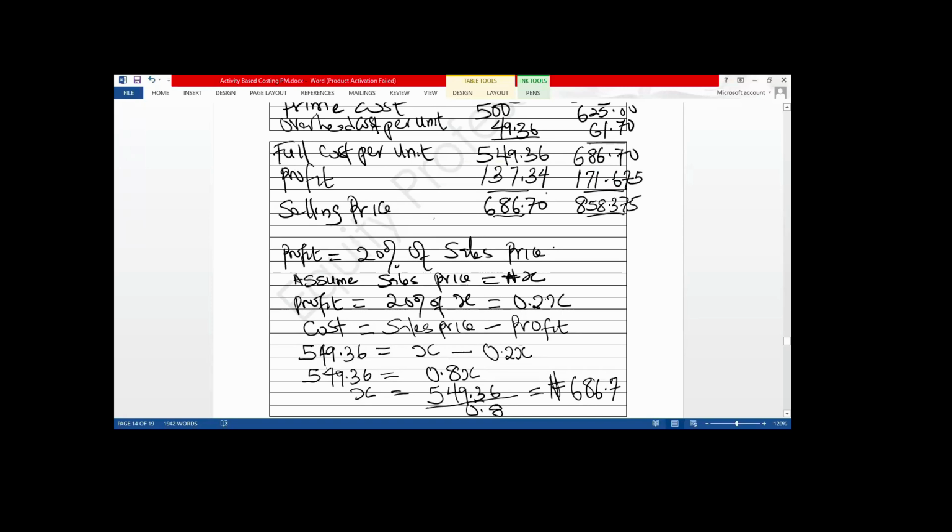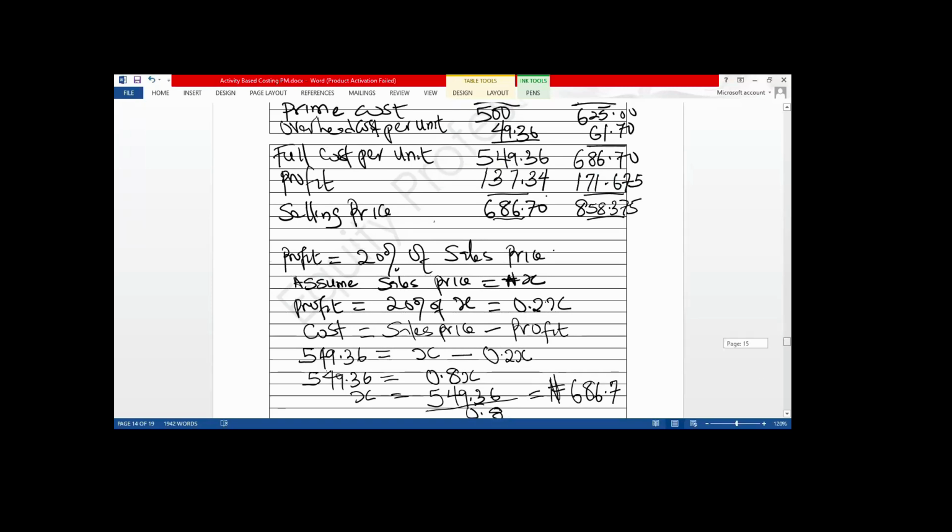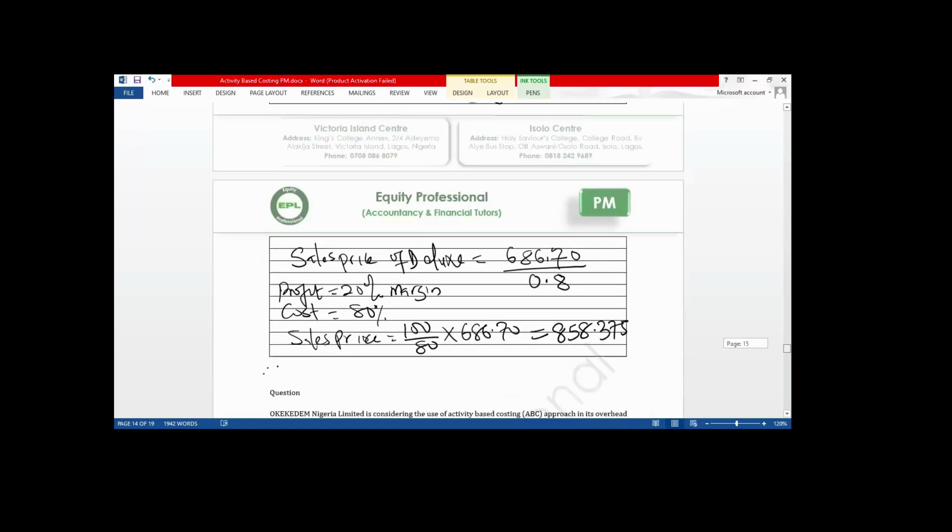If you now want to do for activity based, it's a long question tonight. I have to shift it down.